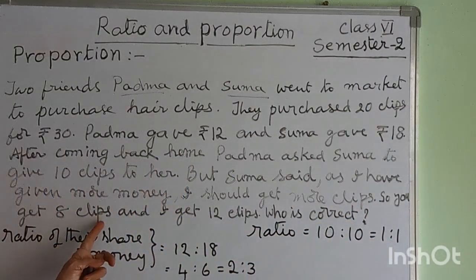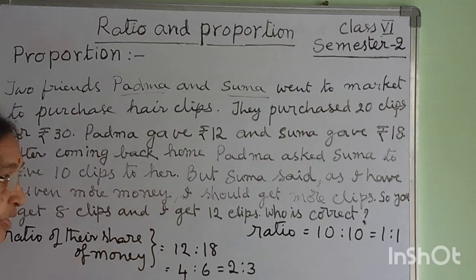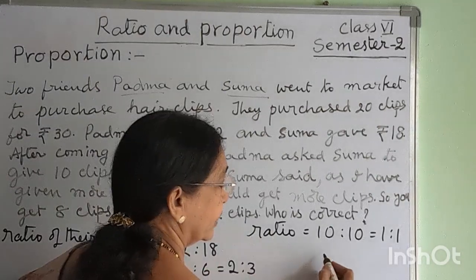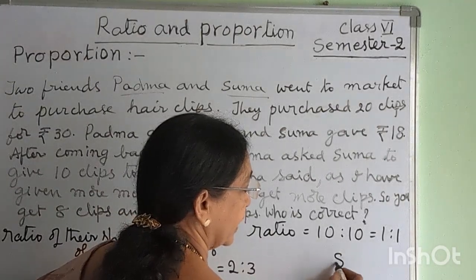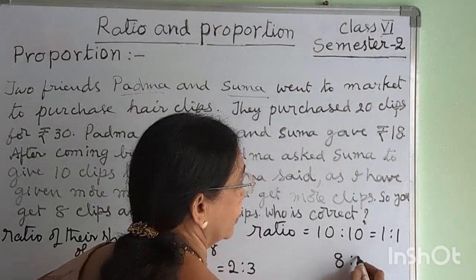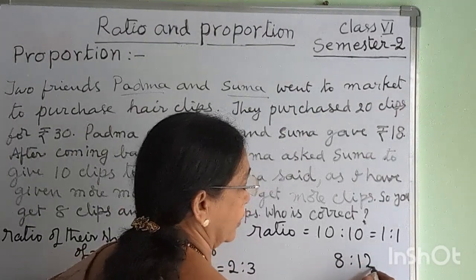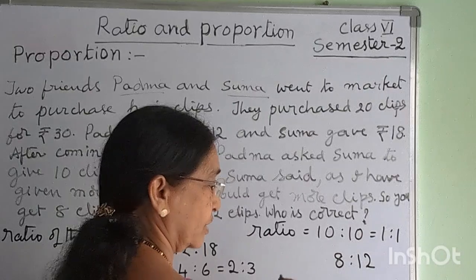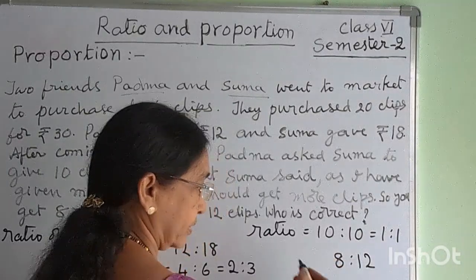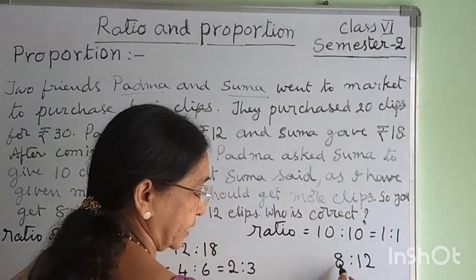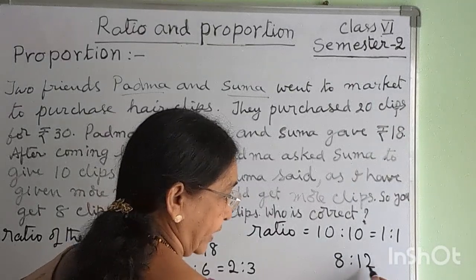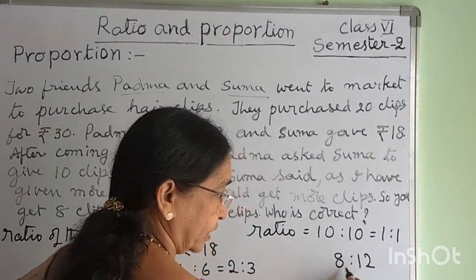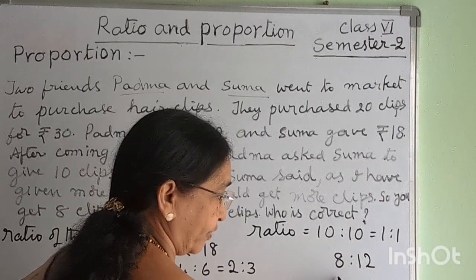So you get 8 clips and I get 12 clips. She said that we share the total clips in the ratio 8 and 12. So Padma and Suma share the clips in the ratio 8 is to 12. Let us simplify; both are divisible by 4.